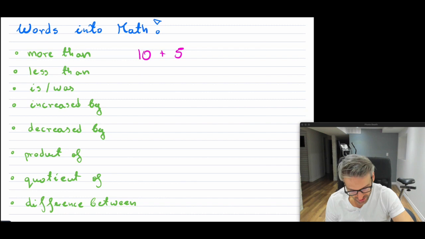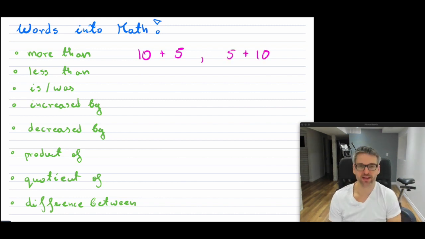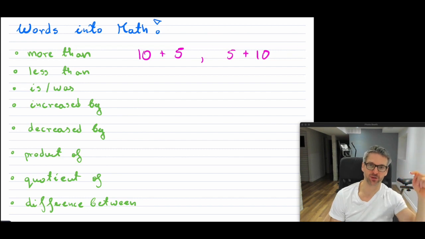A lot of students might write 5 more than 10 as 5 plus 10. This translation is not the same thing. So with "more than," you have to be careful how you use it. More than 10 means that it goes afterwards. It's an addition, but it goes after.